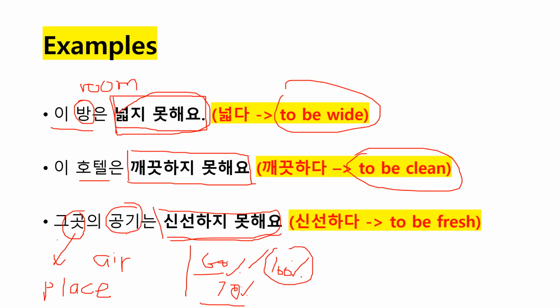Of course, it's not 100%. It can say 신선하지 못해요 because you want that place to be 100% fresh, the air. I mean, the air of that place, right? So 신선하다, to be fresh, 신선하지 못해요. Okay, so that's the main difference between 지 못하다 and 지 않아요 when you use it with adjectives.